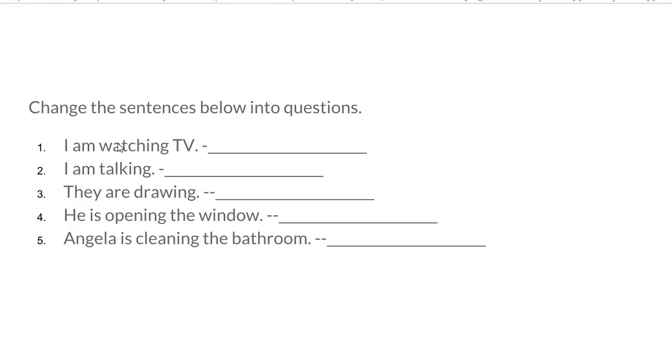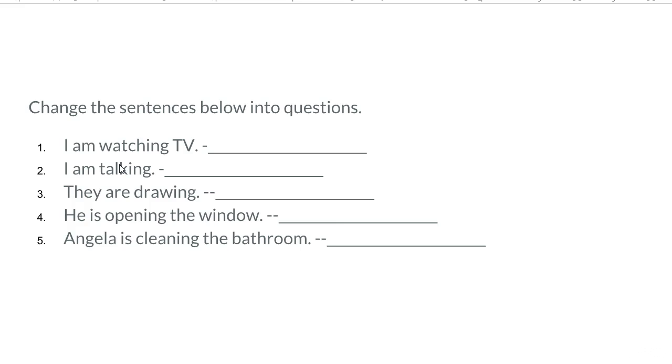Are you watching TV? Okay, the same thing applies with number 2. I am talking. So, imagine that you are in the classroom and your teacher is asking you, are you talking? Okay, so, number 3. They are drawing.